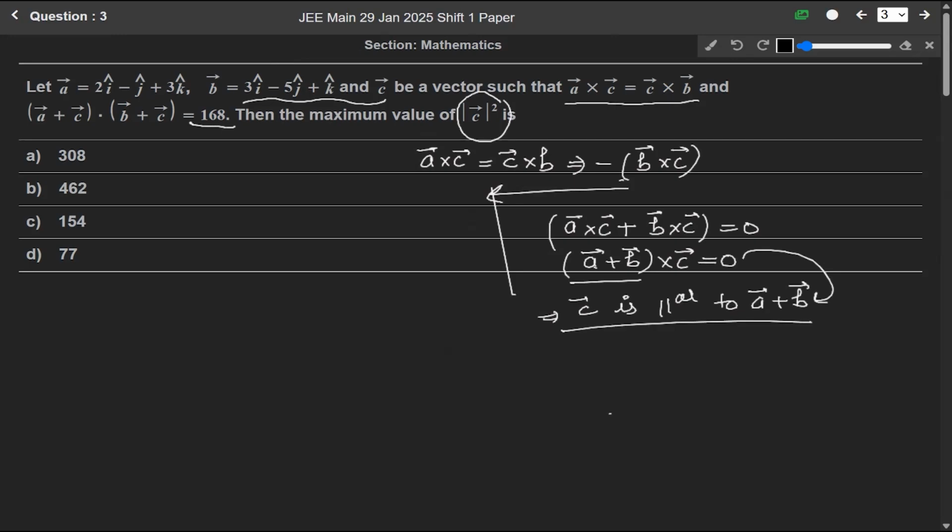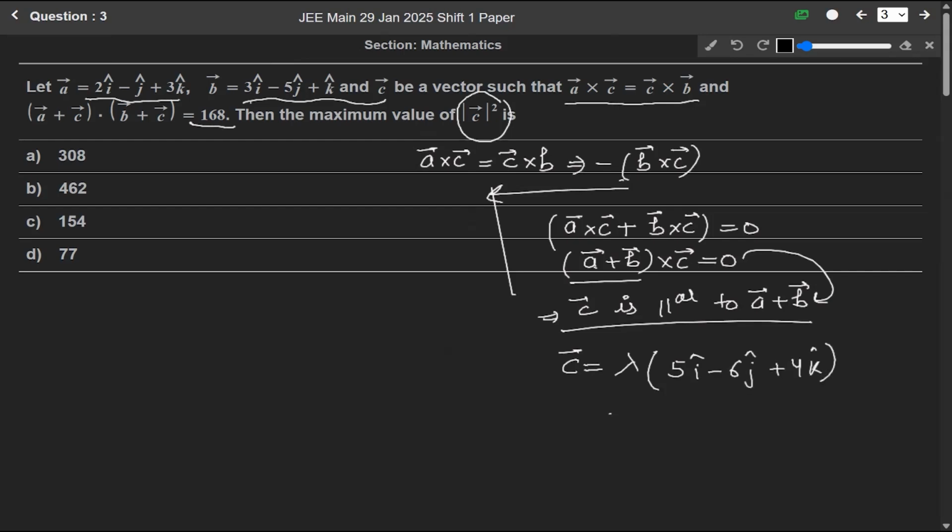If C vector is parallel to A plus B, then we can write C vector as lambda times (A plus B). A plus B means 2i cap minus j cap plus 3k cap plus 3i cap minus 5j cap plus k cap, which will be 5i cap minus 6j cap plus 4k cap.